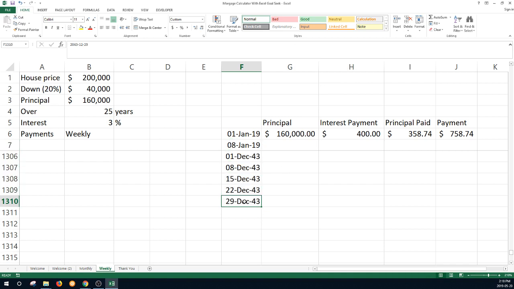And here we are. Your last payment, if you started on January 1st, 2019, would be on the 29th of December of 2043.